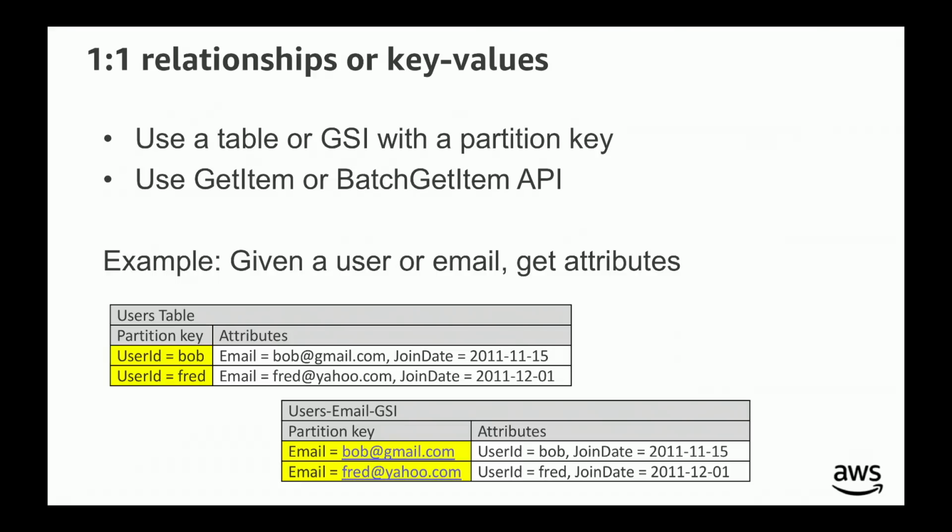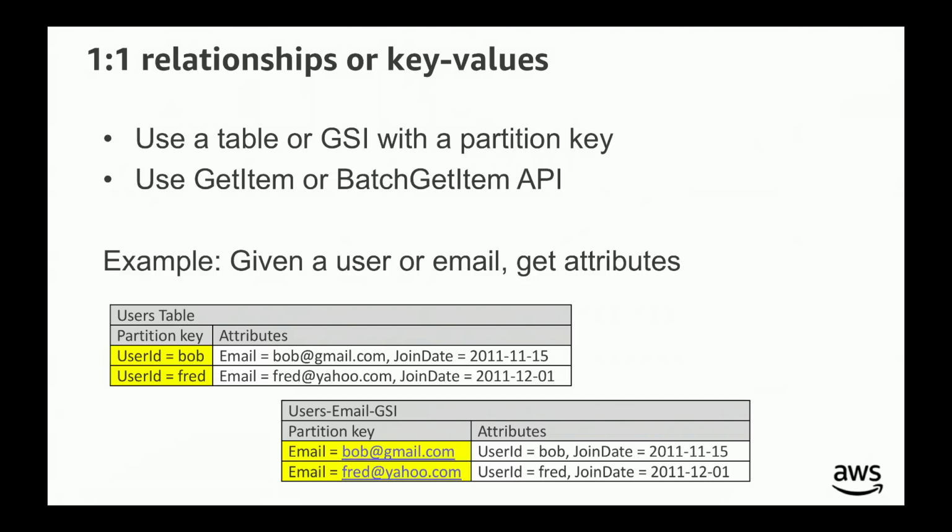In this specific scenario, let's say the first table in the middle is a users table, and the user ID can be a partition key, and the various attributes such as email, join date, etc. can be attributes. In this case, the access pattern would be: given a user ID, in this case Bob, give me all the details about Bob, Bob's email, join date, etc. Typically, you'd be using a GetItem or a BatchGetItem API to get these attributes provided the keys.